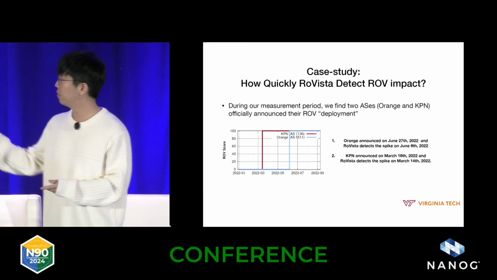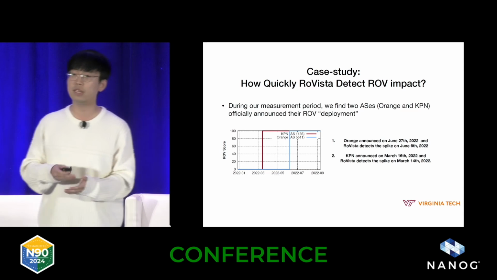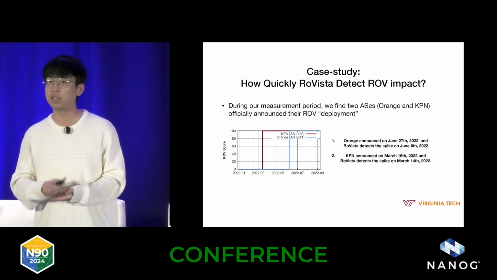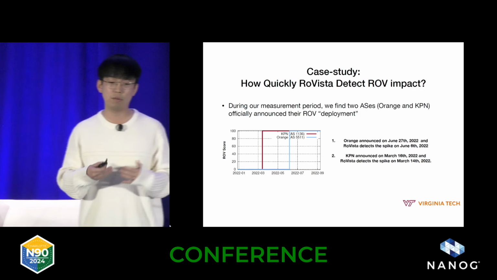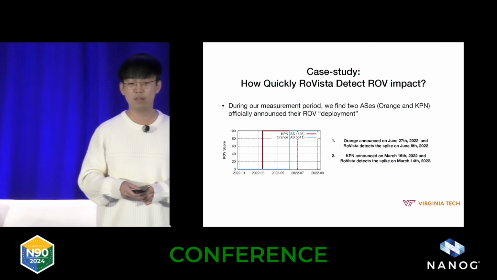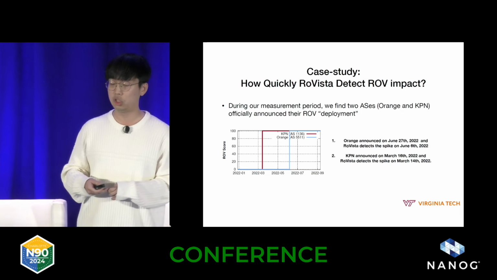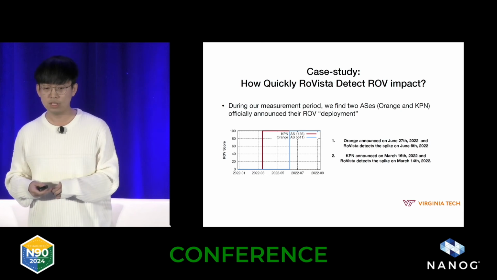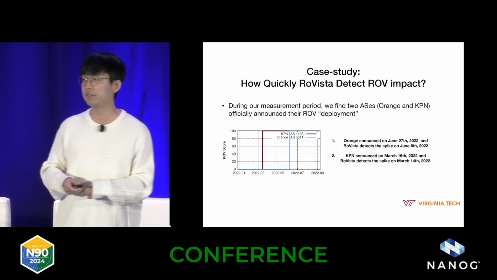You can tell the ROV scores of these 2 ASes instantly jumped from 0% to 100% on a given day. In the case of Orange, they announced their deployment on June 27th, but we detected that they actually deployed ROV on June 6th. Similarly, KPN announced on March 16th, but we detected it on March 14th.